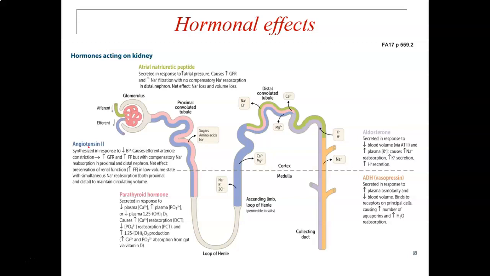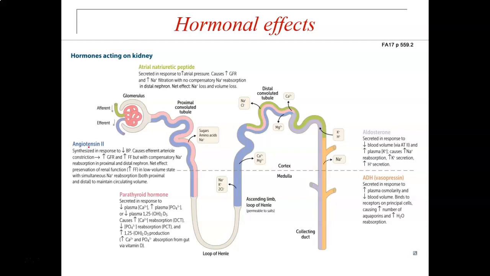Remember, the liver produced angiotensinogen, the kidney produced renin, they had a baby, which became angiotensin I. Angiotensin I, thanks to angiotensin-converting enzyme in the lungs, became angiotensin II. And then angiotensin II caused changes in vasoconstriction, vasodilation, as well as ultimately led the adrenal gland to release aldosterone.